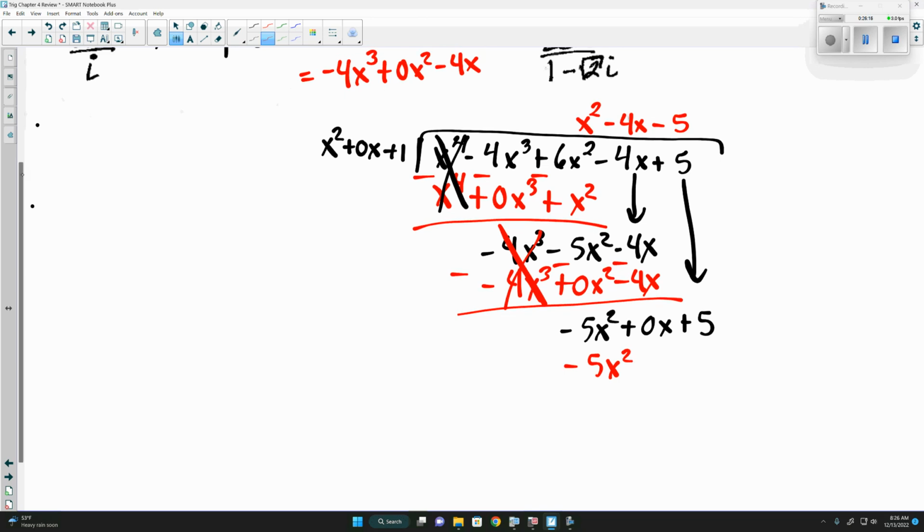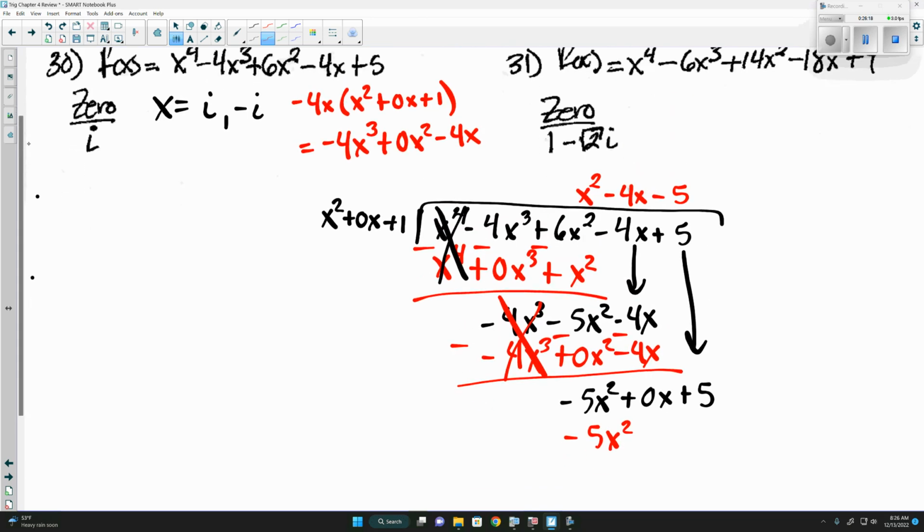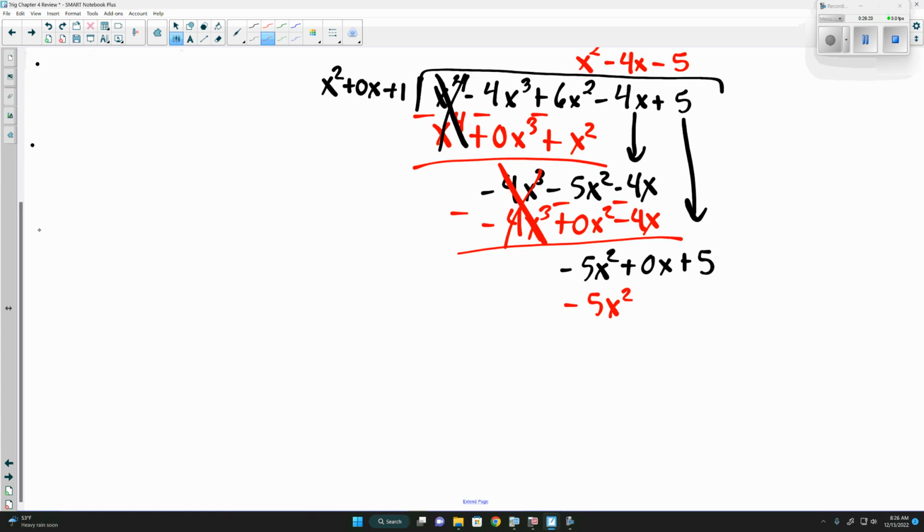Make sure I copied that down right. Okay. Yep, that works. Negative 5x squared minus 5x squared is, no, that doesn't work. That's minus.